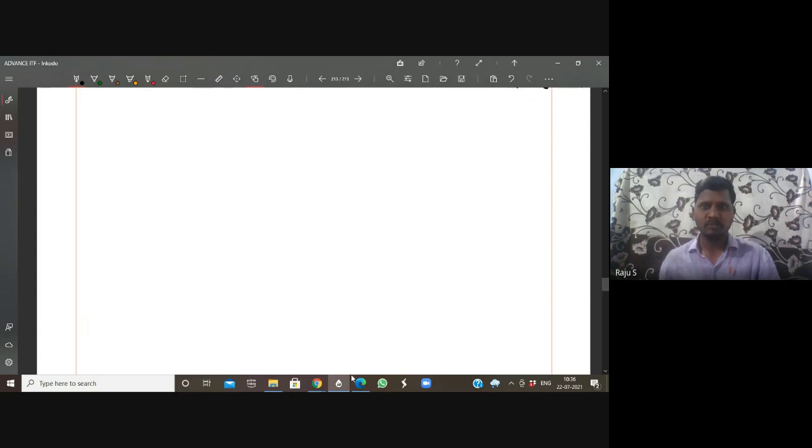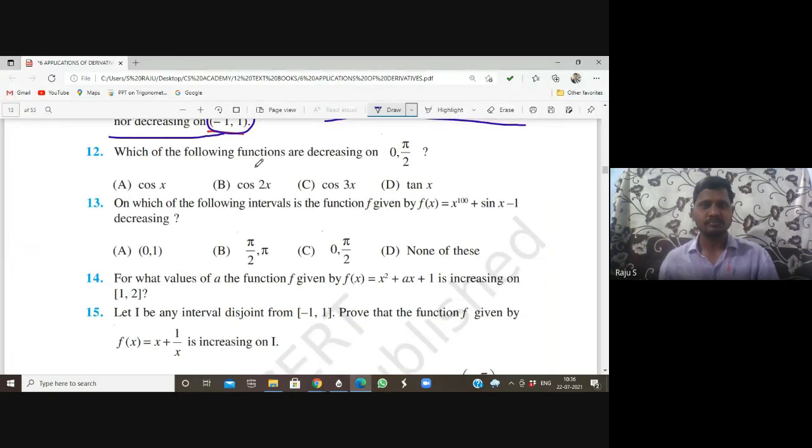Okay, coming to the next question. Which of the following functions are decreasing? Let us check; we can do it directly also. Question number 12, first subdivision. The function is cos x, and the interval is 0 to pi by 2.